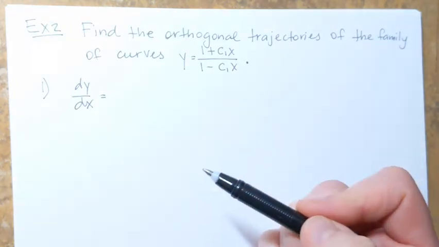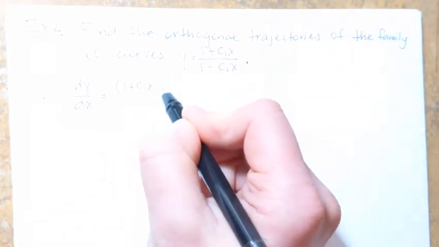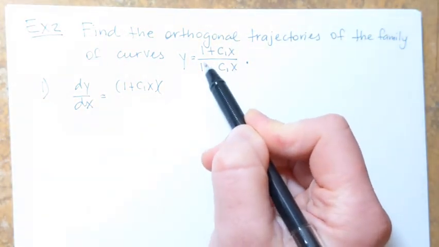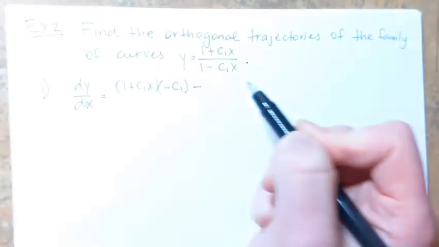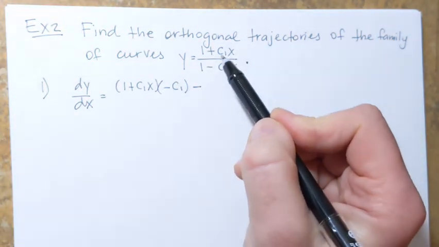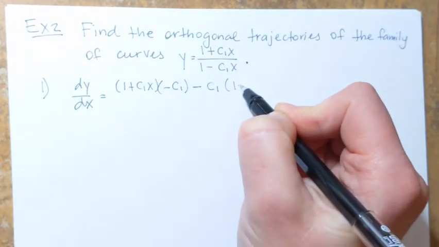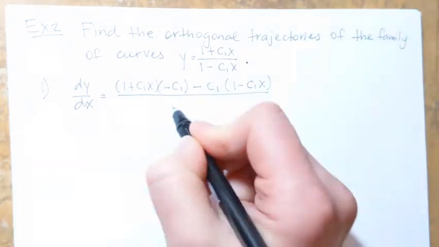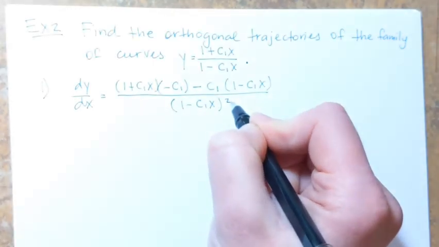According to the quotient rule, it's the expression from the numerator times the derivative of the denominator. The derivative of the denominator, 1 minus c1x, is negative c1, times negative c1, minus the derivative of the numerator, which is just c1, times the expression from the denominator, 1 minus c1x, and then over the square of the original denominator, (1 minus c1x) to the second power.